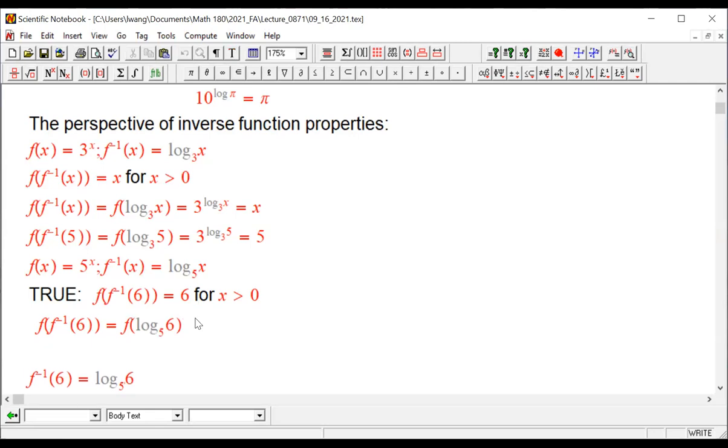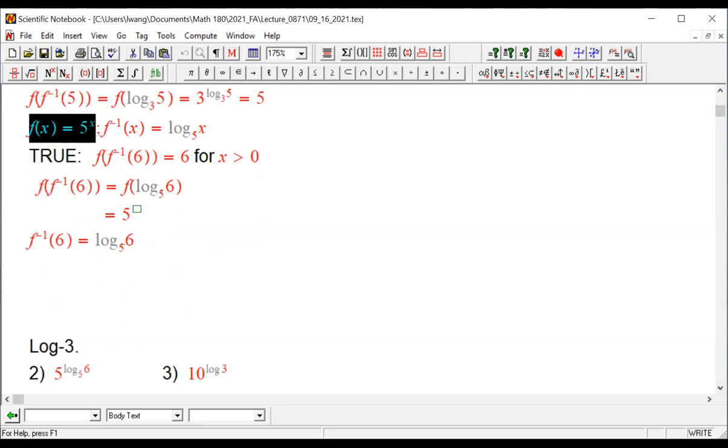And now we're composing: this equals 5 to the power of the input. This is f, 5 to the power of x. Now the input is replaced by this guy.